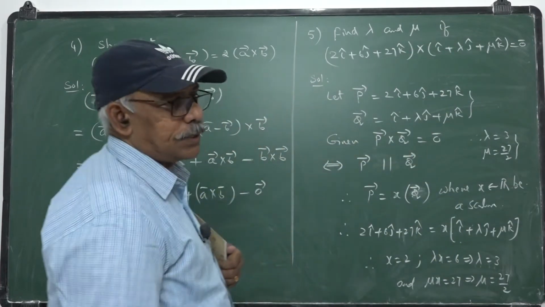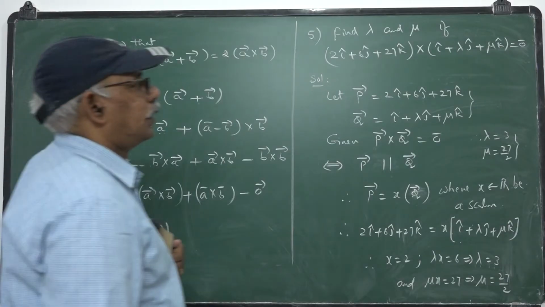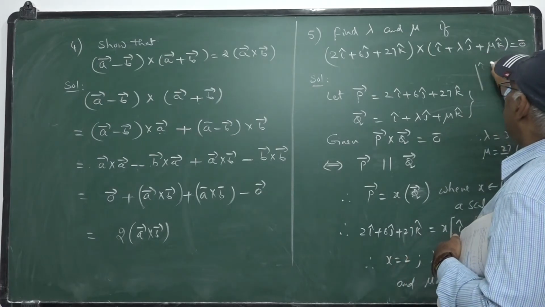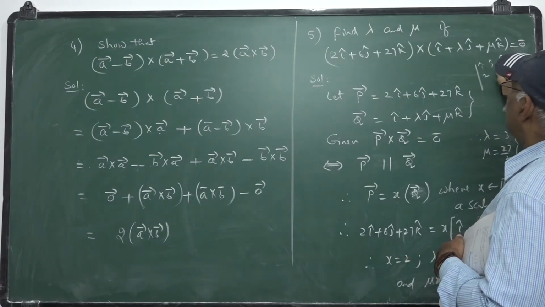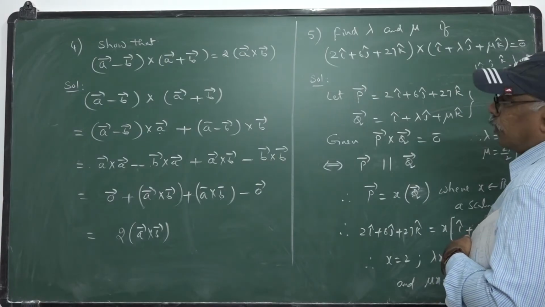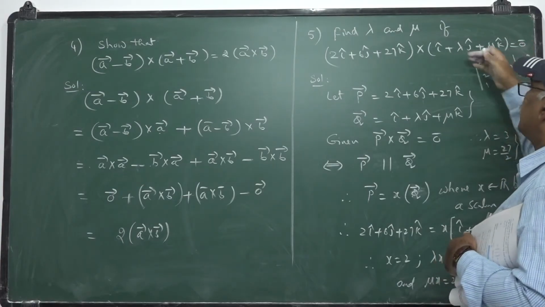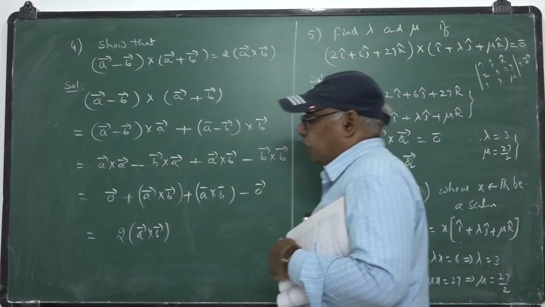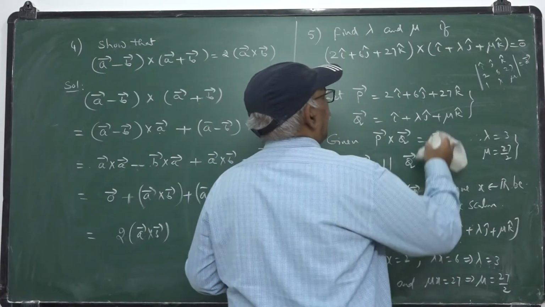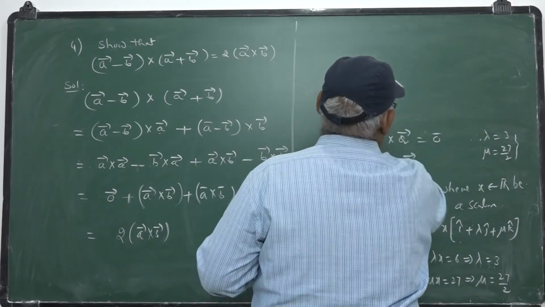That is one more procedure. Straight away find the cross product with the help of the determinant, making the determinant 0 bar, that is i, j, k; 2, 6, 27; 1, lambda, mu equals 0 bar. So equating i, j, k components to 0, you get lambda and mu values. You can evaluate by any procedure.